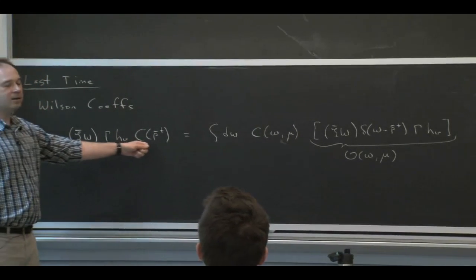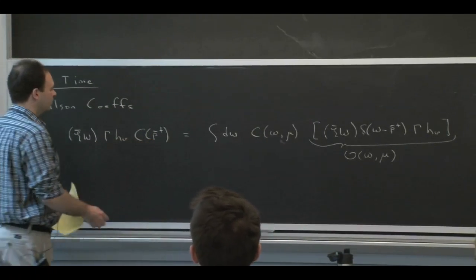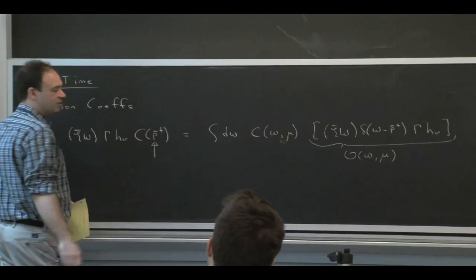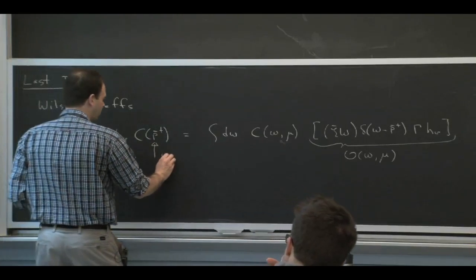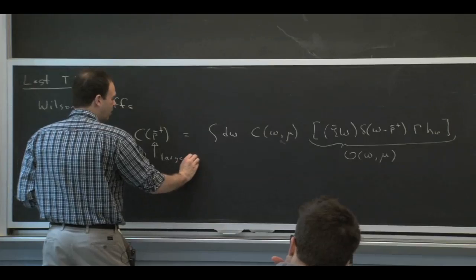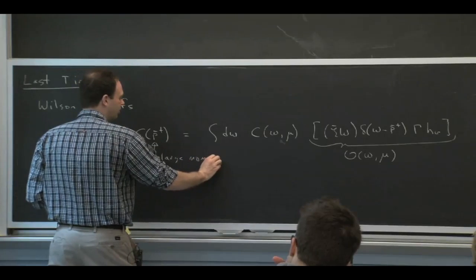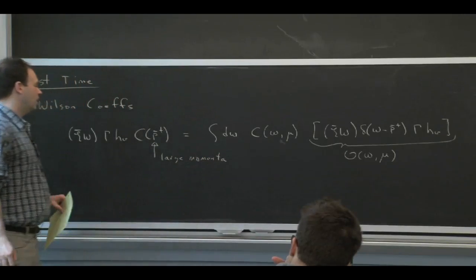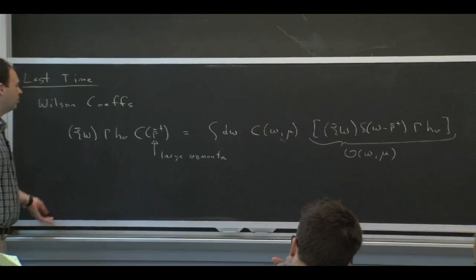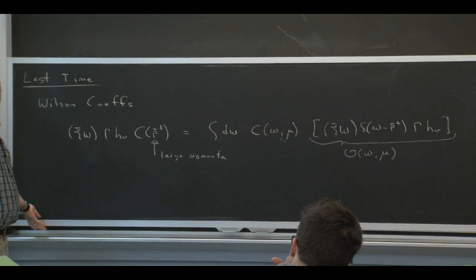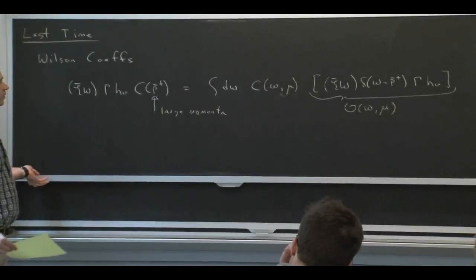And of course, it can depend on large momenta. And so large momenta here includes the label operator. So large momenta always show up in the Wilson coefficients. And in this case, that includes momenta that are the large component, the order lambda 0 component of collinear fields.